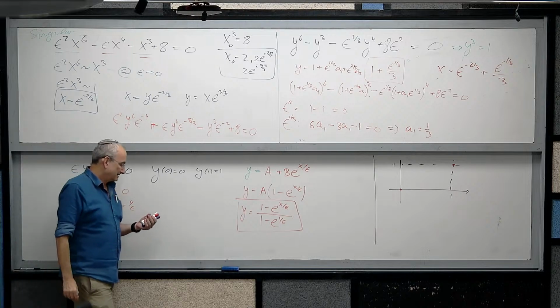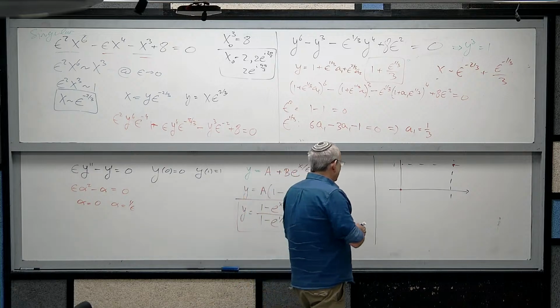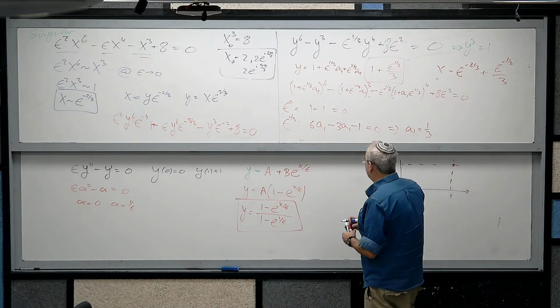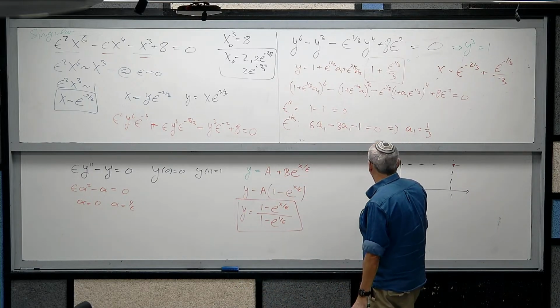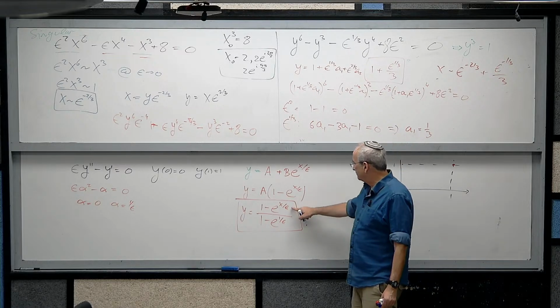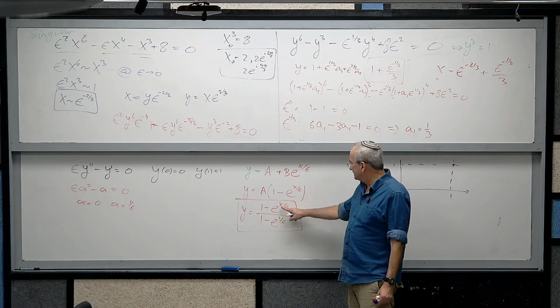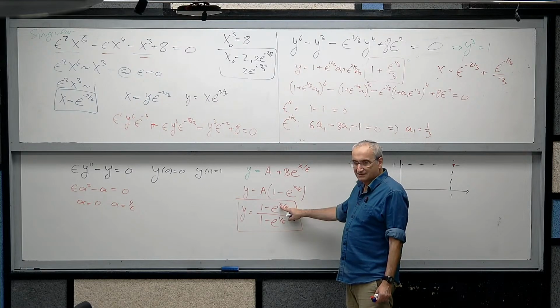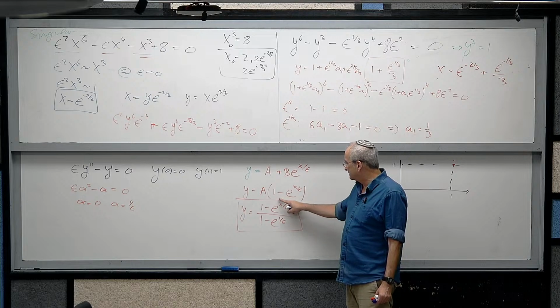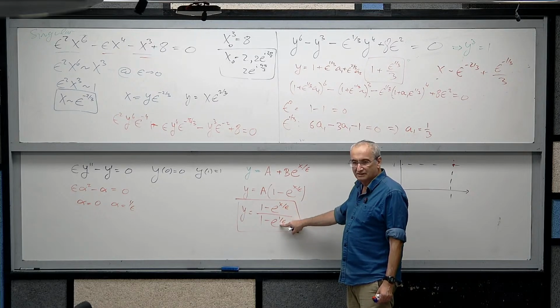And the answer is that, if I will define, so look at this thing. If epsilon goes to 0, this term blows up and this term blows up. They blow up at the same rate.